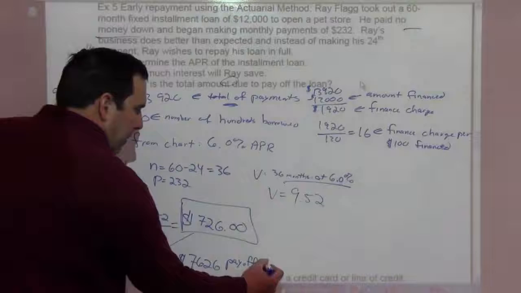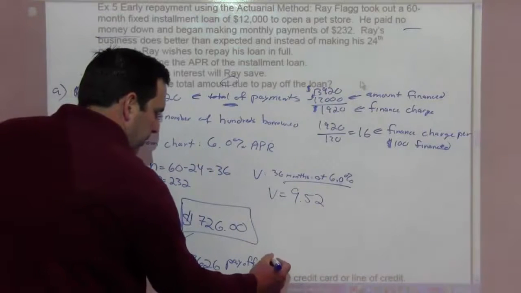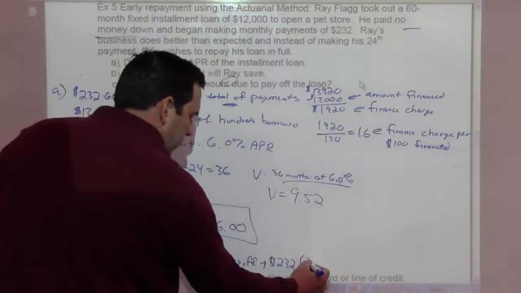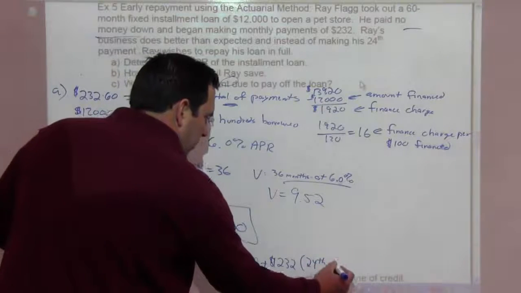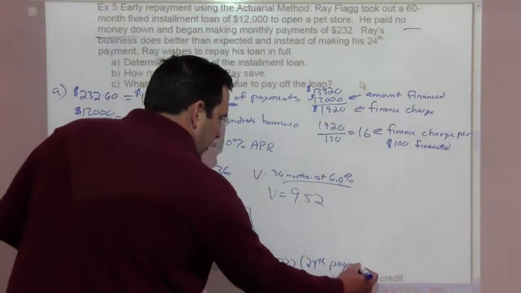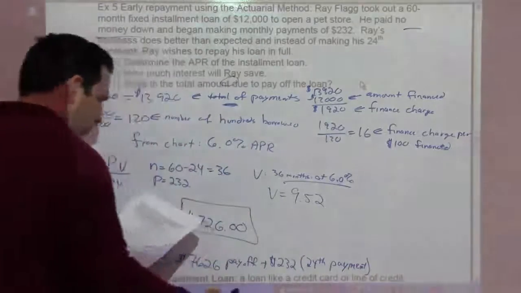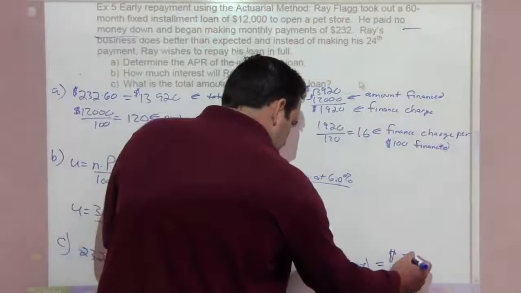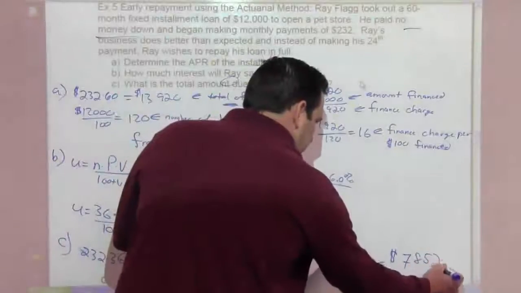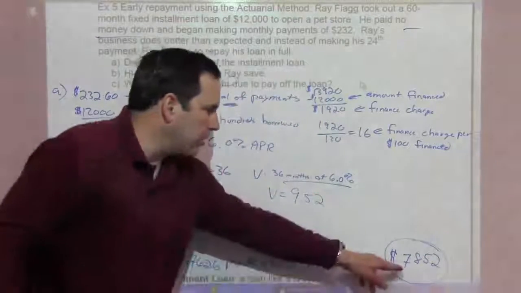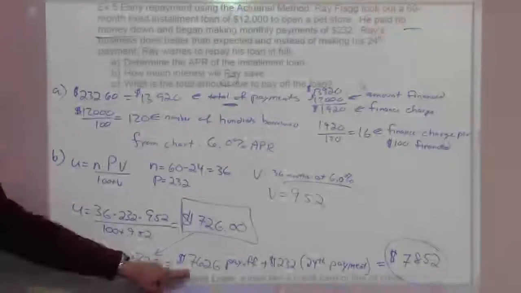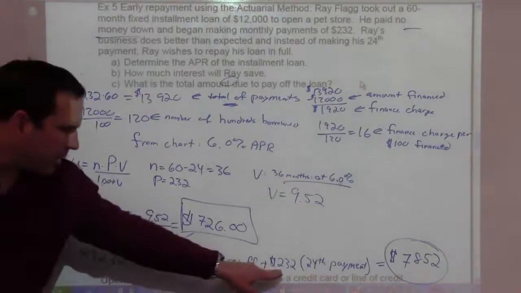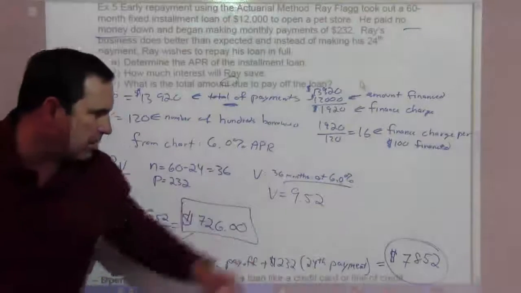Those payments, plus the 24th payment, is going to be $7,858.52. This is what he needs to do to pay the whole thing off. So this is the other payments minus the interest from those payments, plus the 24th payment, gives us the total payoff.